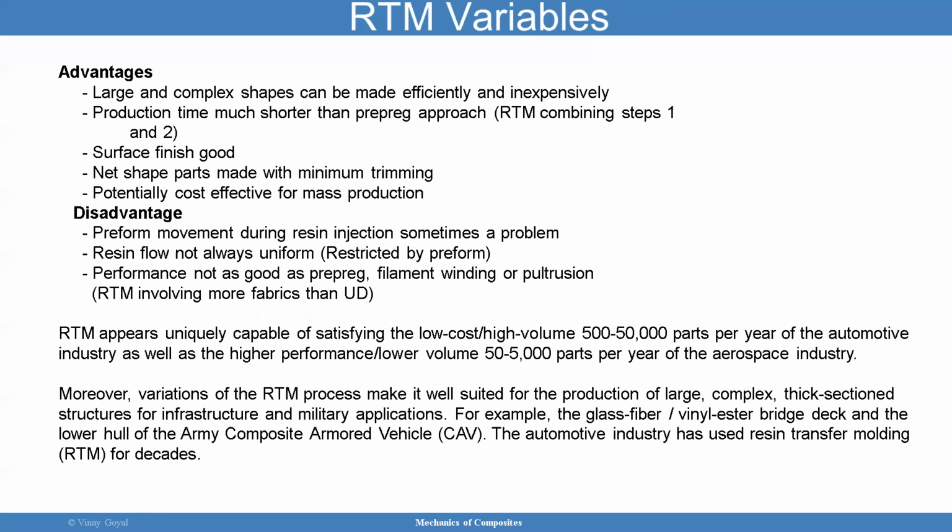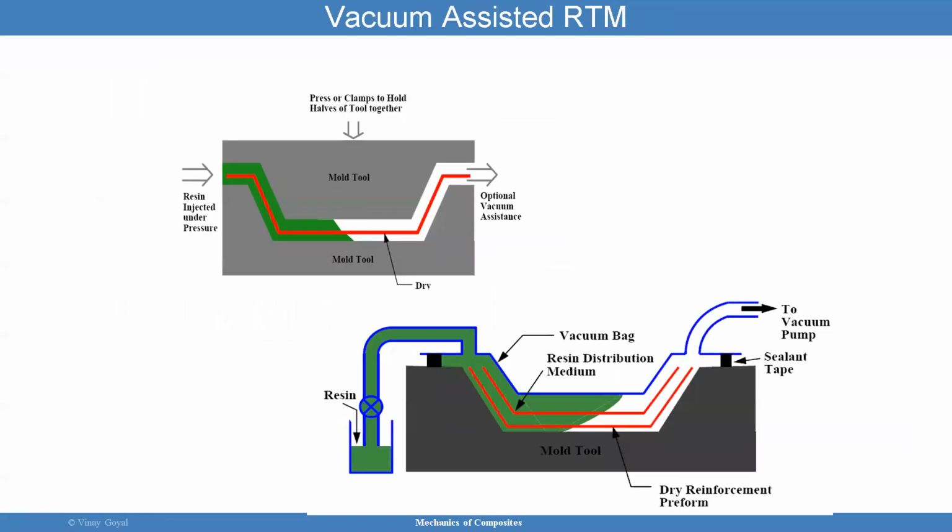RTM can produce really high volume at low cost in the automotive industry, as well as in higher-tier companies in the aerospace industry. Moreover, RTM is really suitable for making very complex composite parts. So that's the advantage there.